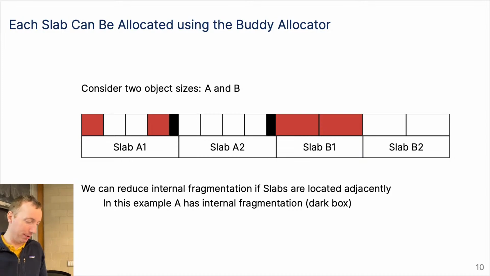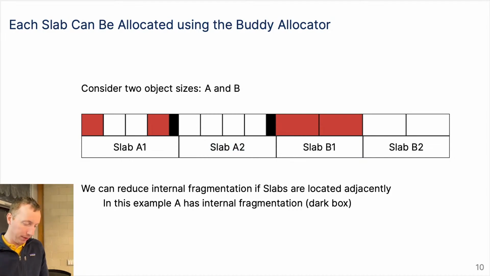In this example, the buddy allocator would give us memory for each of these slabs, so they're bigger blocks. In this case, say they're like 64 bytes or something like that. Within each of those blocks given by the buddy allocator, I could use one for a slab for objects of size A, which in this case are small, and I can fit about 4 of them on a block that's a power of 2.